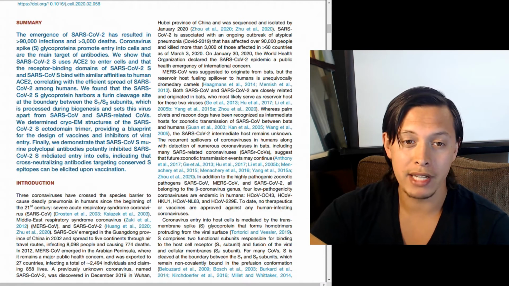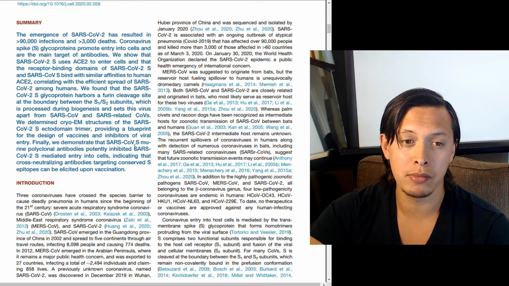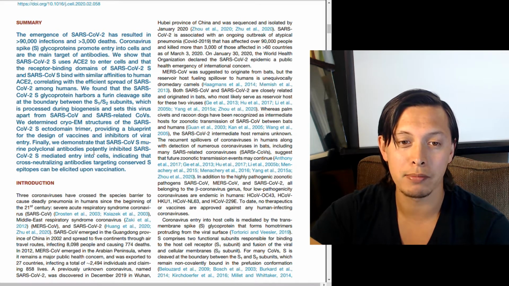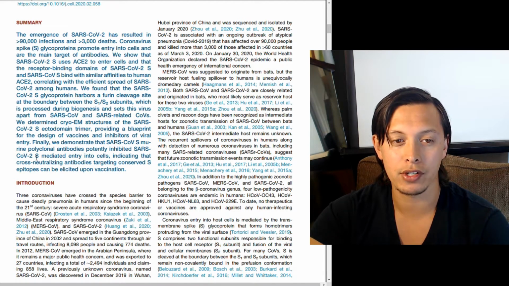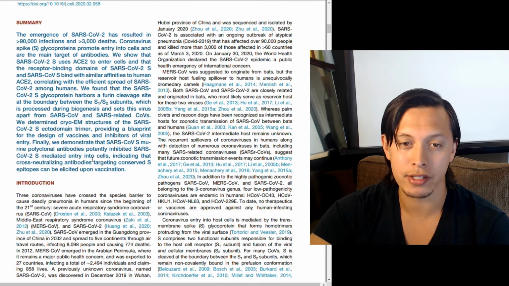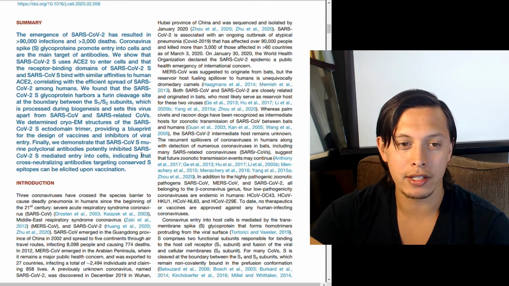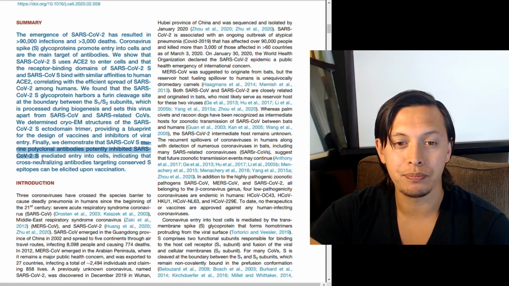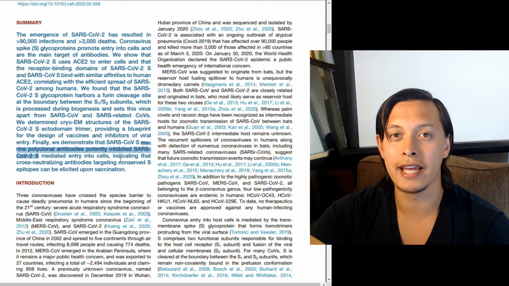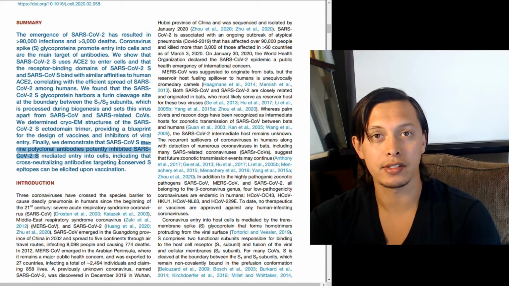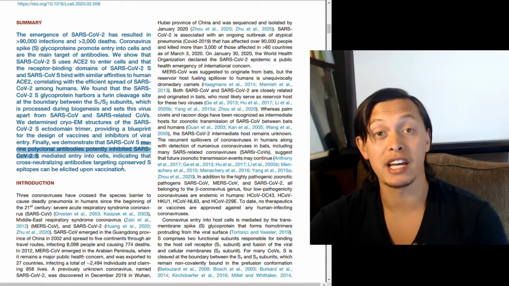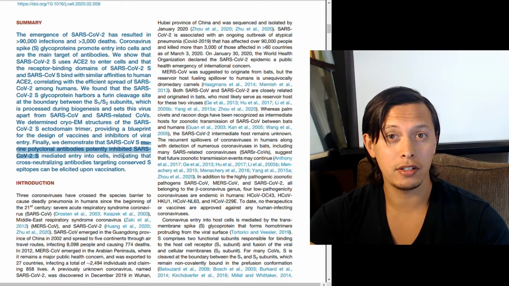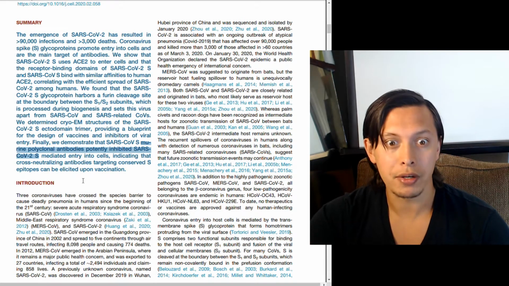Finally, we demonstrate that SARS coronavirus S murine polyclonal antibodies potentially inhibit SARS coronavirus 2 spike-mediated entry into cells. So we demonstrate that murine is the genus of rodents, so rodent polyclonal antibodies potentially inhibit it, which would indicate success of antibodies and success of your body being able to produce antibodies against coronavirus in the long run.